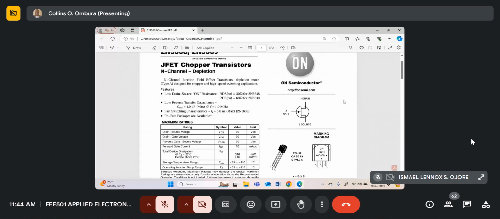So for this ON Semi, this is given RDS on 30 and 60 under the capacitances.